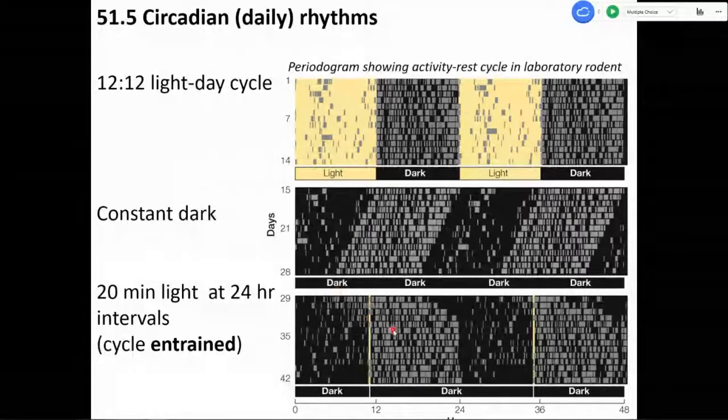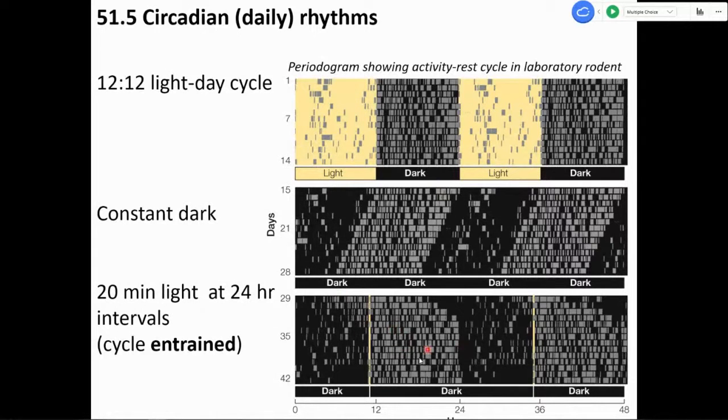You can bring them back into their proper cycle by entraining them, and you can do this with just a 20-minute exposure of light, this narrow little yellow bar here, before they would ordinarily experience nighttime. This resets their clock for them each day. So over the next couple of weeks or so, they've started giving 20 minutes of light just before when darkness should occur, and over a few days, now their clock is reset.